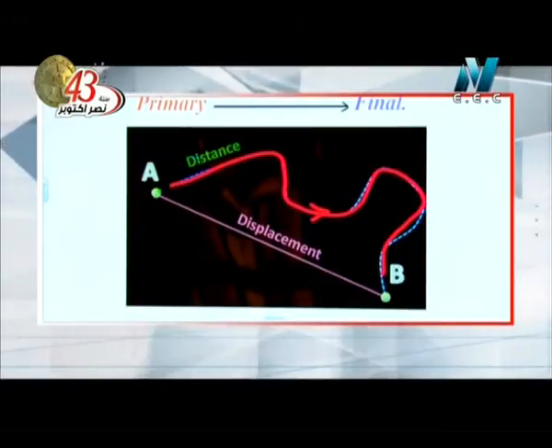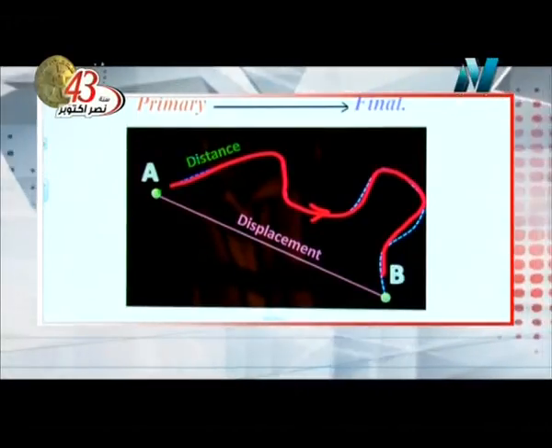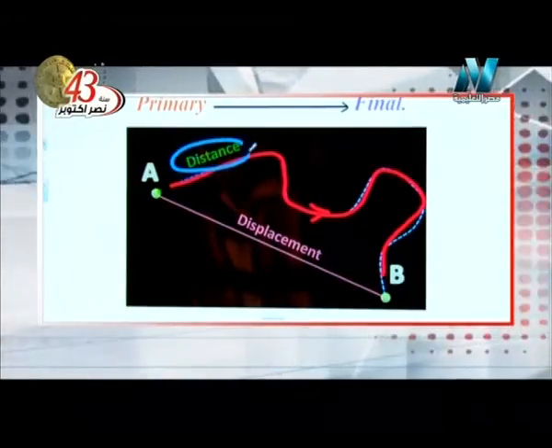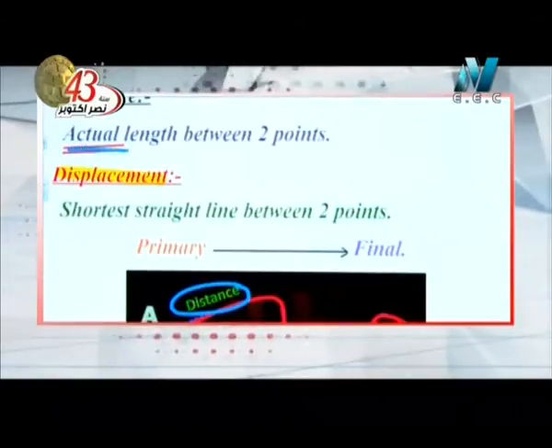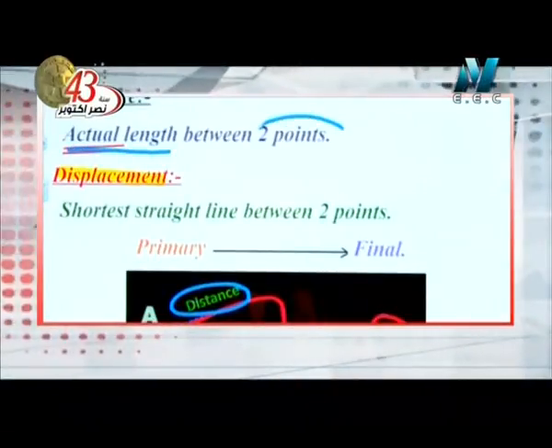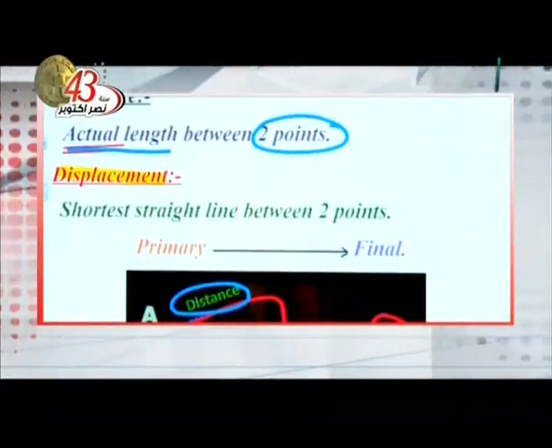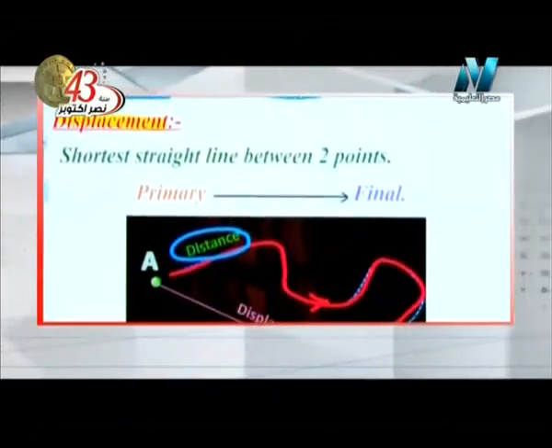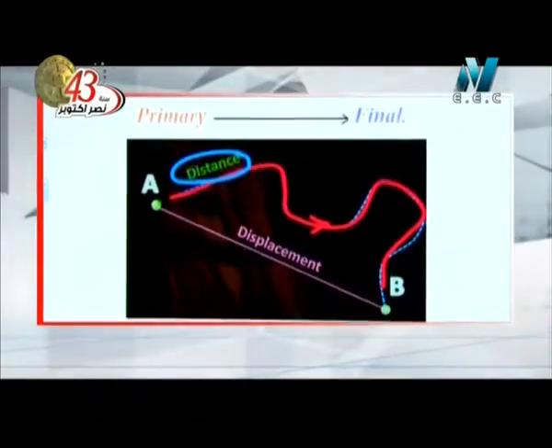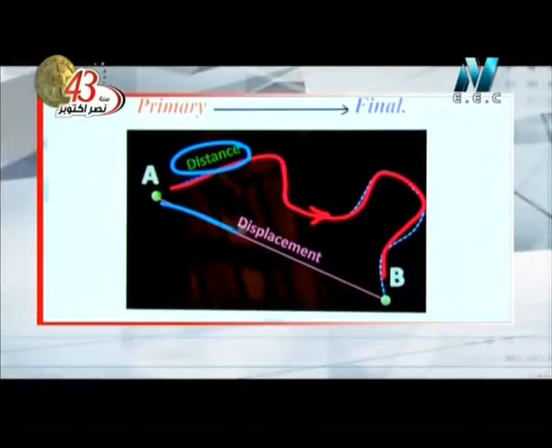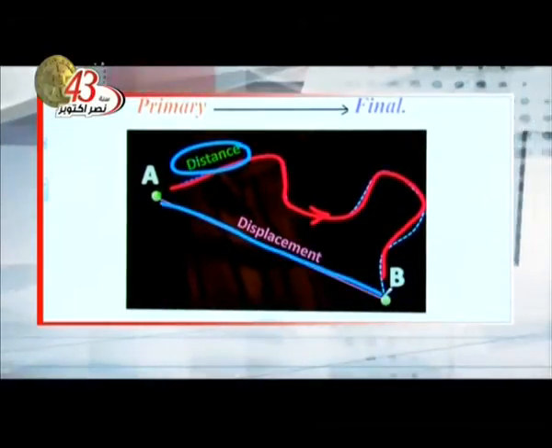Distance is the actual length between the 2 points. But if we want to talk about displacement, we have just the shortest straight line between 2 points, the shortest distance I walked, drawing a line between the two.